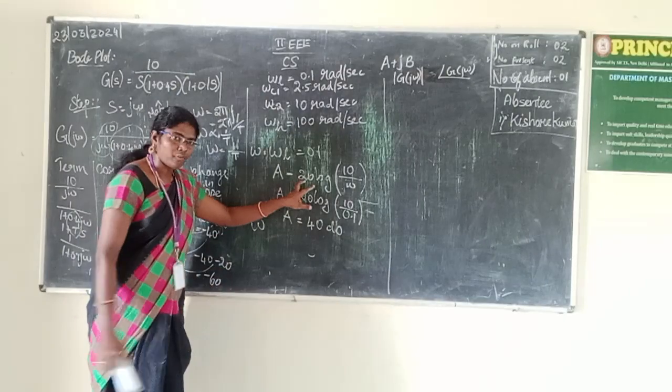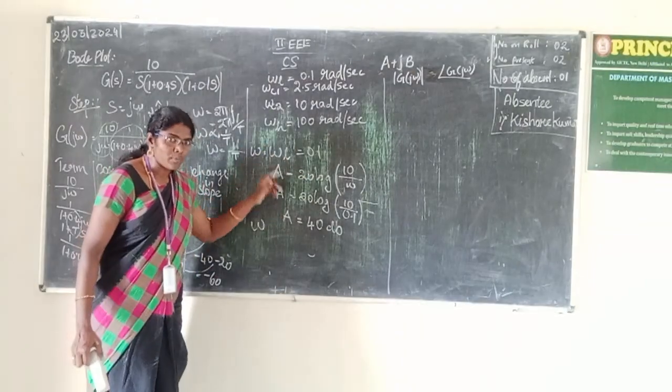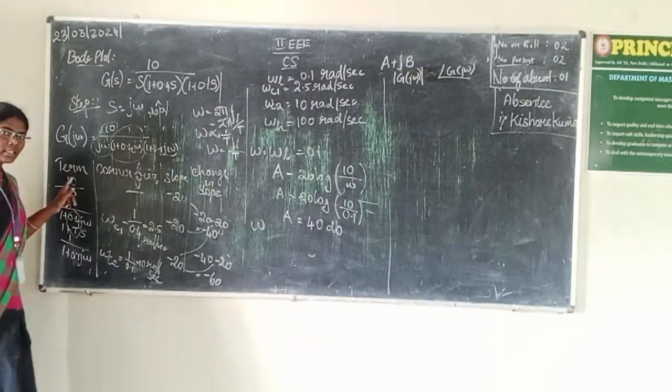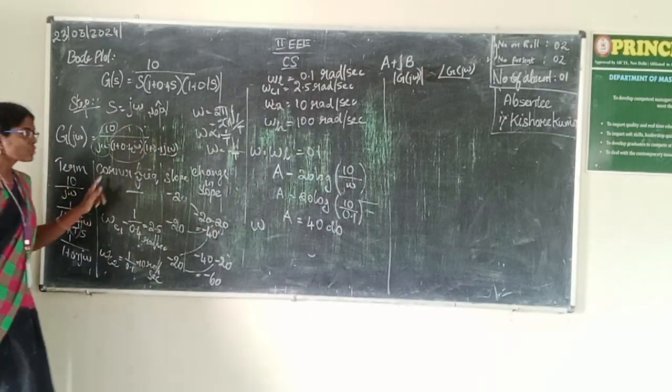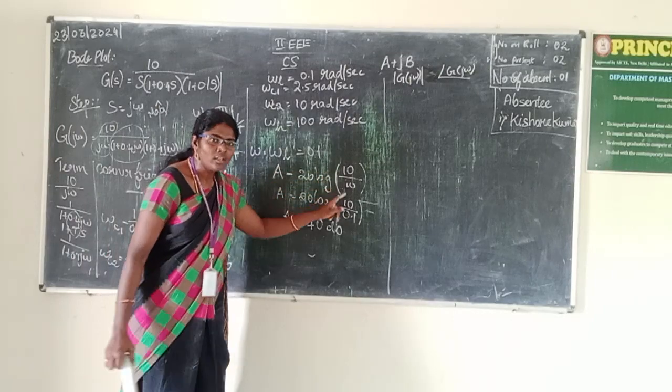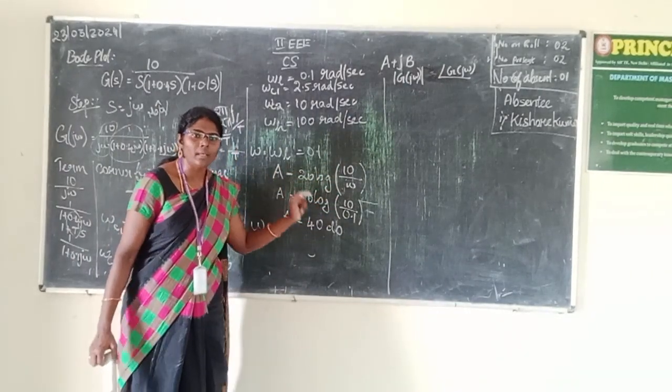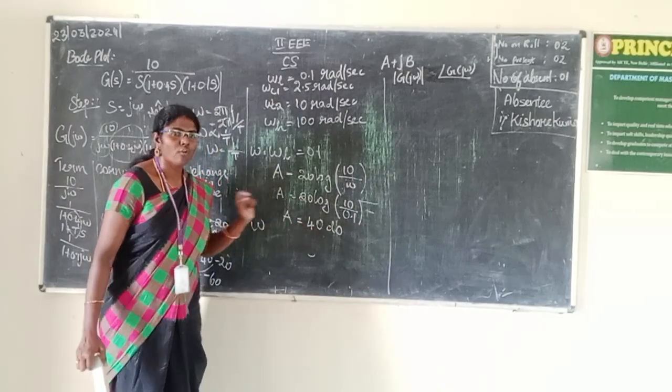This 20 log will follow the same. So in this problem, 20 log of our term, 10 by j omega, so our term should be written as 10 by omega. What is our omega? 0.1. 10 by 0.1, which will be 40 decimal.